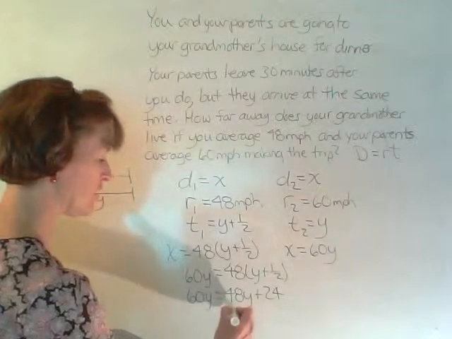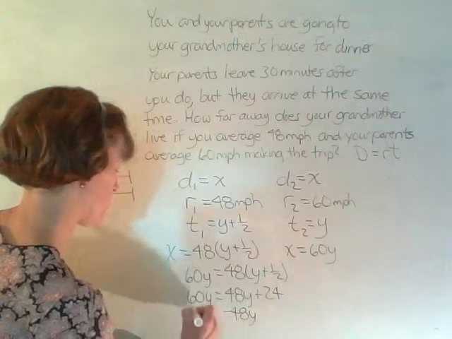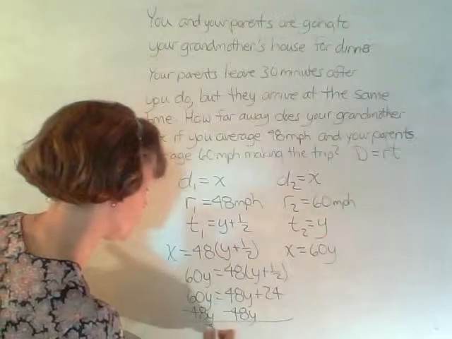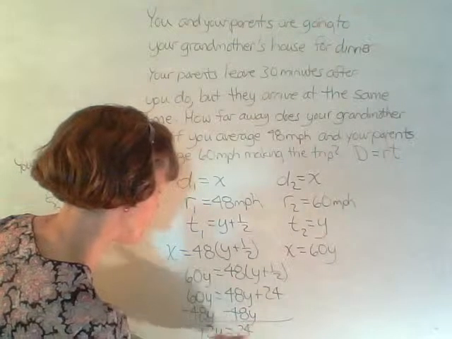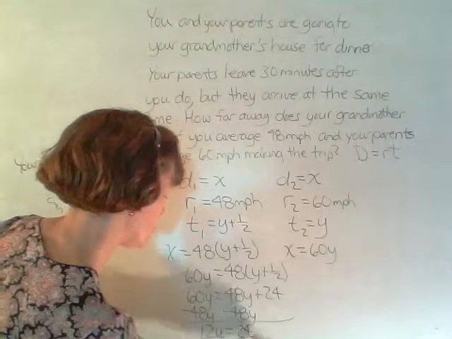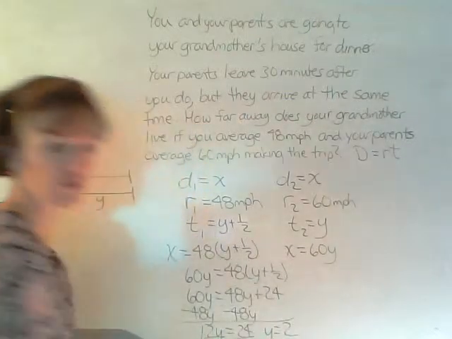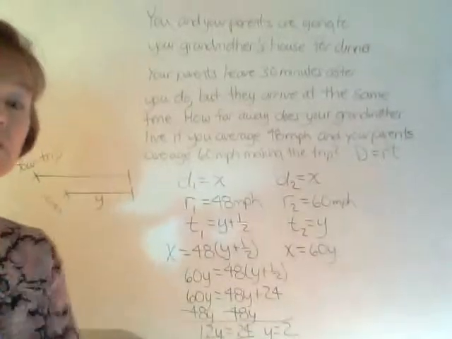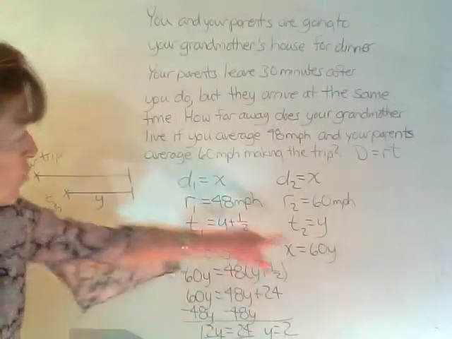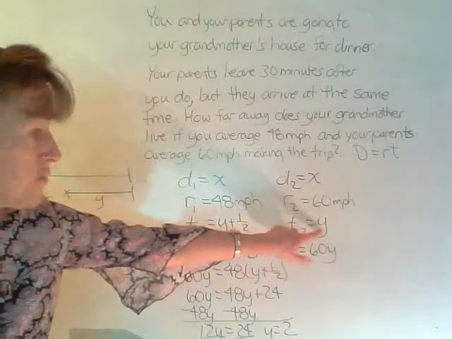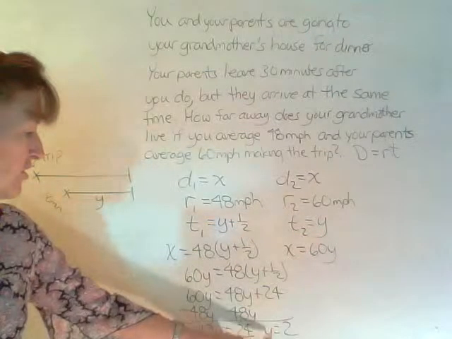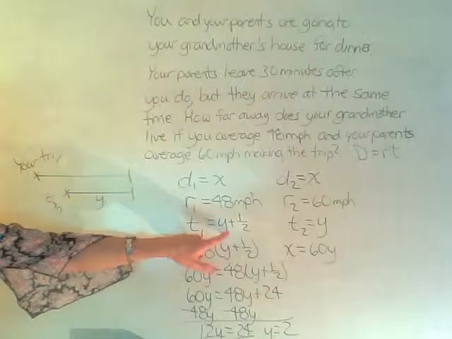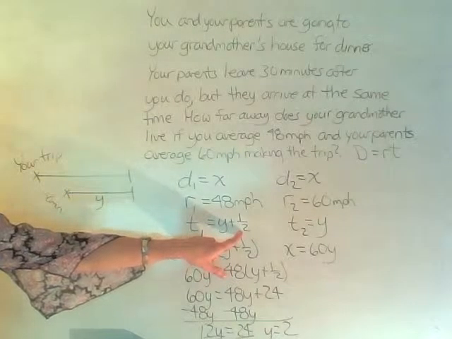Now I subtract 48y, and I get 12y equals 24, and y equals 2. So y equals 2, and that tells me that y is the time for the parents' trip. So it took them 2 hours, but it takes you 2.5 hours to make the trip.